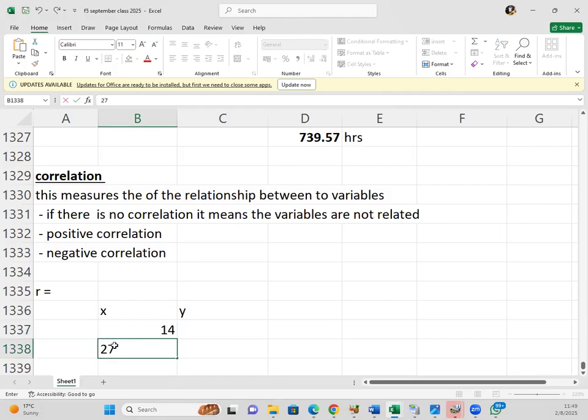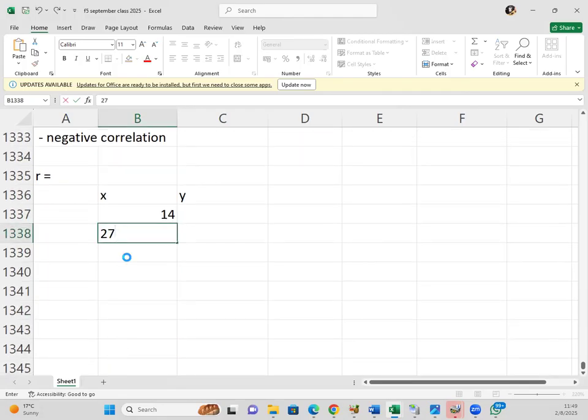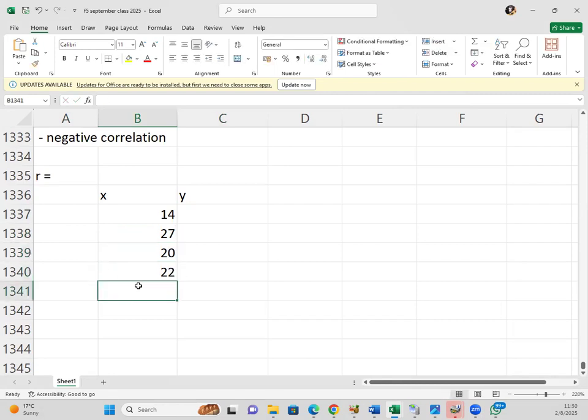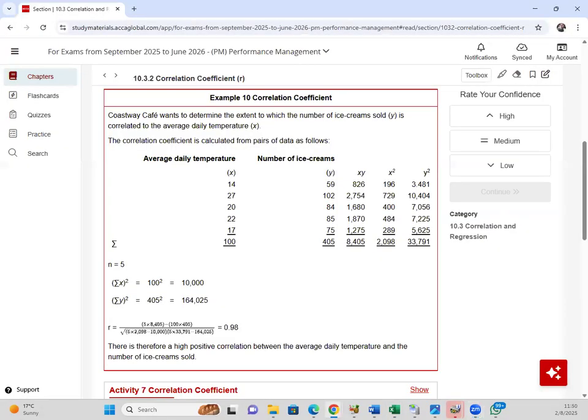What's next? 20, 22, and 17. Can you also get the Y variables? Just jot down the Y.